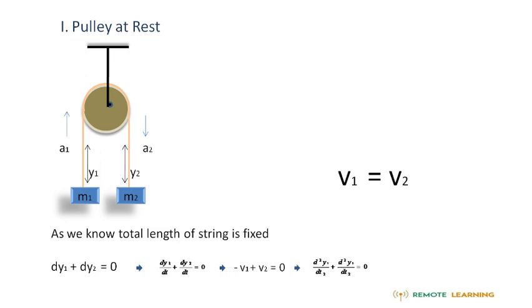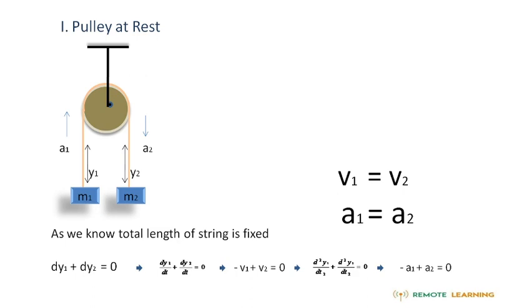If we differentiate the equation again, we get the double derivatives of y1 and y2, which are nothing but the accelerations of m1 and m2. We can write it as minus a1 plus a2 equal to 0, and finally we get a1 equal to a2. This is the constraint equation for acceleration, and v1 equal to v2 is the constraint equation for velocity.